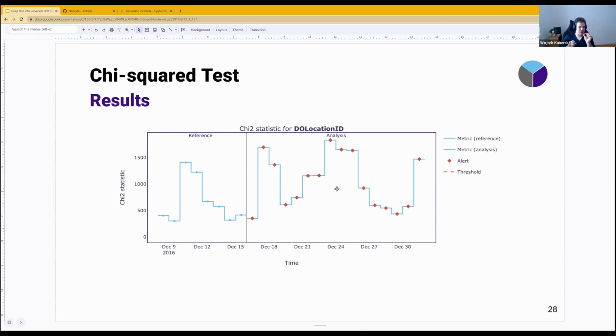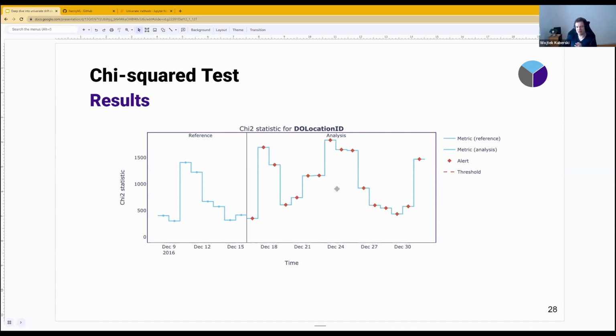And now if we compare every single chunk of analysis to the reference data as a whole, because the sample sizes are quite big, it's going to actually say that the distributions are statistically different for every single chunk of our analysis data, which is obviously not true and not really relevant for us. Sorry, it's true from statistical perspective, but it is not relevant for us from ML monitoring perspective.